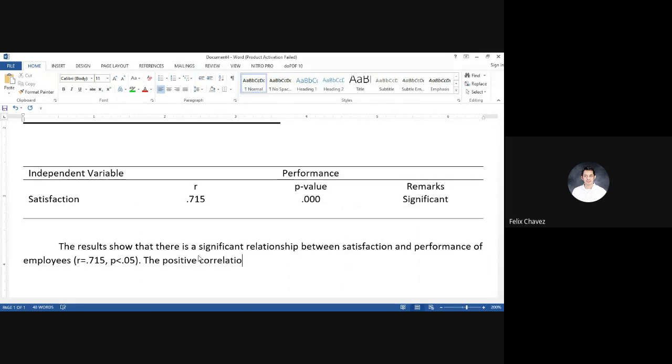The positive correlation coefficient indicates that the increase in satisfaction would also likely increase the performance of the employees.